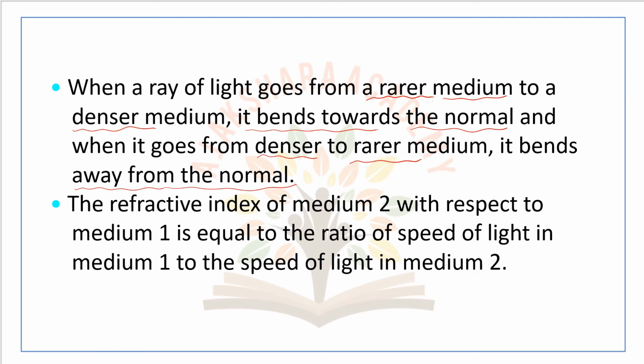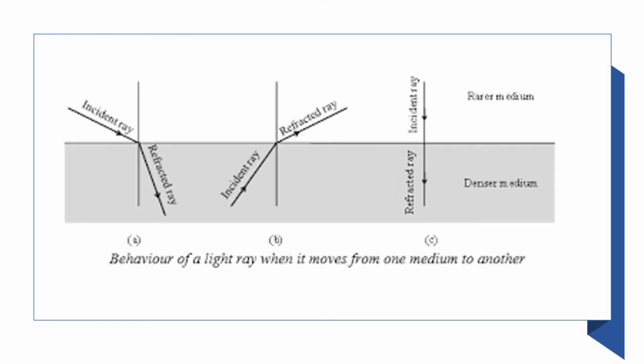Okay. Next, see this picture. It shows the behavior of a light ray when it moves from one medium to another. In this first picture, the light ray travels from rarer to denser. This is the rarer medium and this is the denser medium.